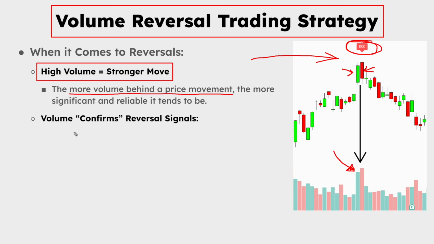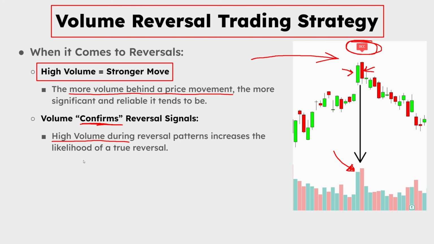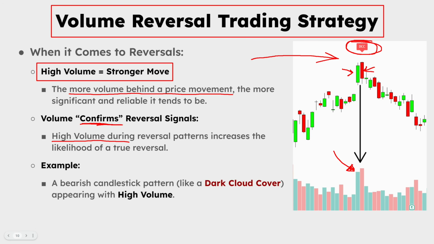So we can think about volume when it comes to reversals as a confirmation of the reversal. For example, high volume during reversal patterns, like candlestick patterns, increases the likelihood of a true reversal. And this is where the example comes in.